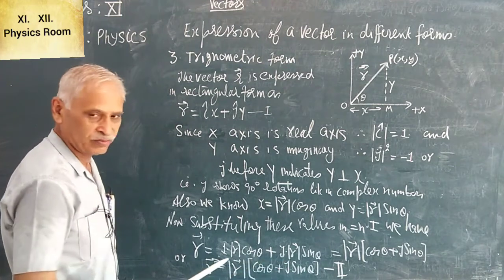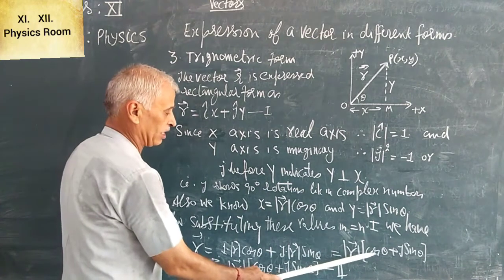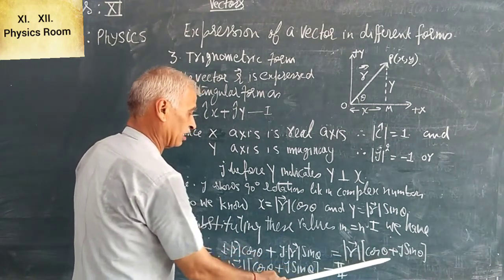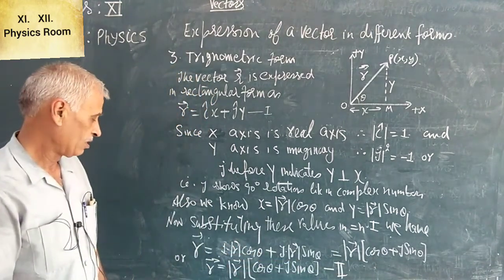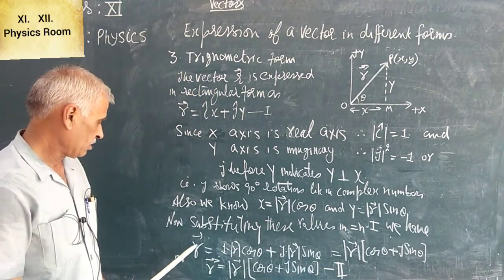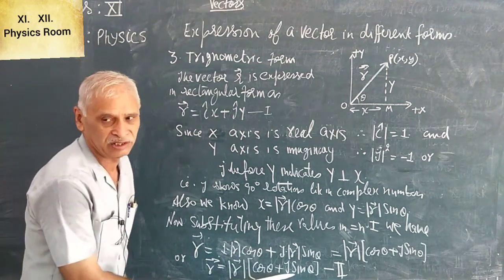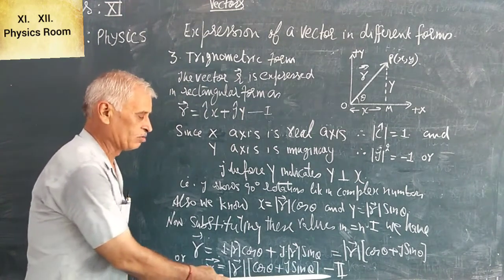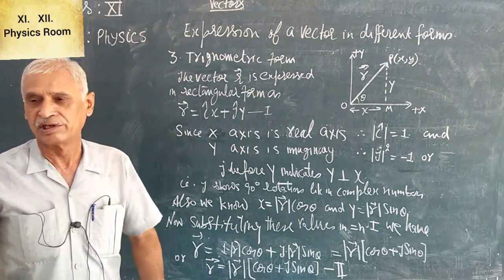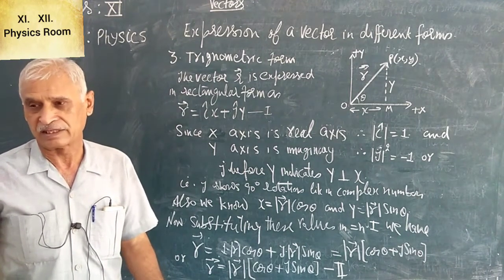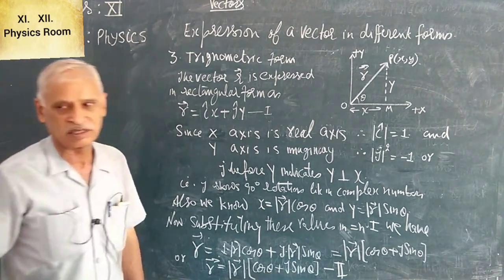Taking mod r common, in brackets we write cos theta plus j sin theta. This is the real component, this is the imaginary part. So vector r is equal to mod r into (cos theta plus j sin theta). Let us mark it as equation 2. Equation 2 gives us the expression of the vector in trigonometric form because it involves cos theta and sin theta.